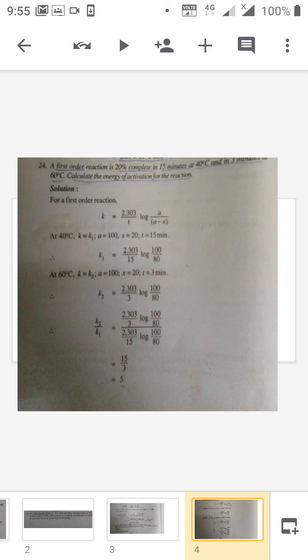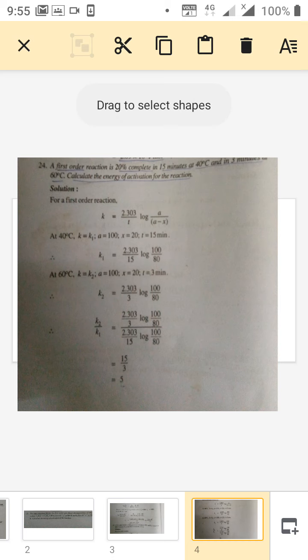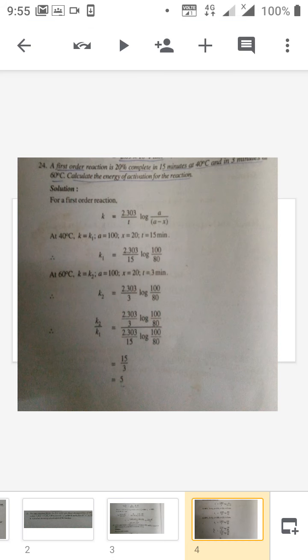First for t1, only 20% is complete, so we substitute A is equal to 100 and A minus X is equal to 80. Then we can find out K1. Similarly for K2, it is 2.303 divided by, instead of t2, we substitute 3 minutes, and log 100 divided by 80. Okay.